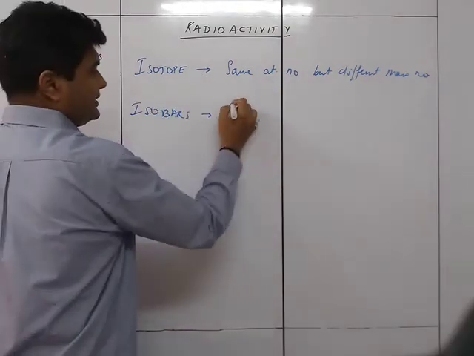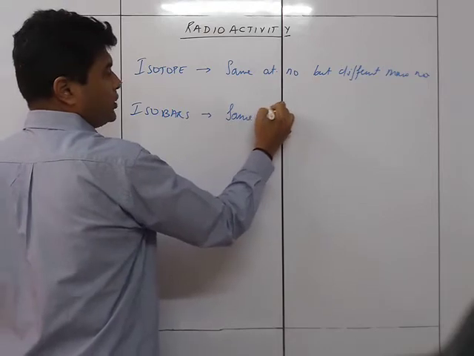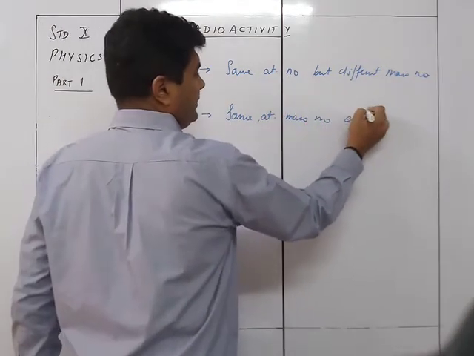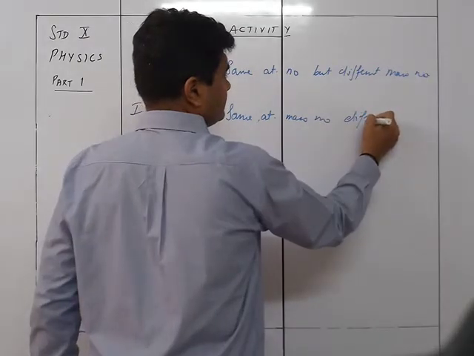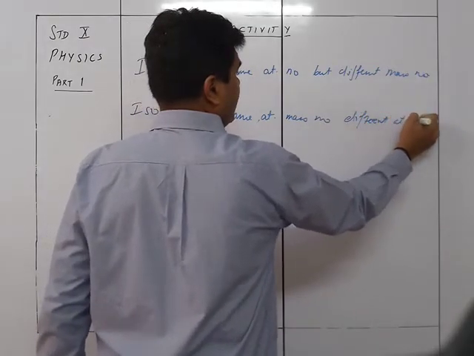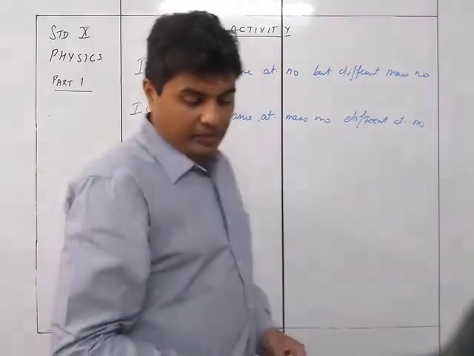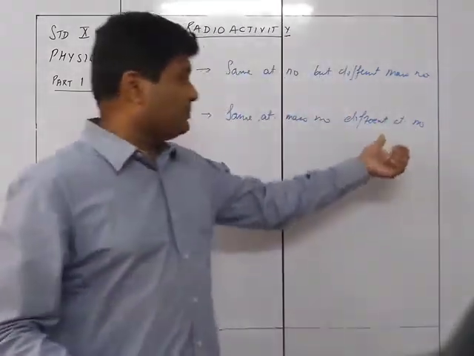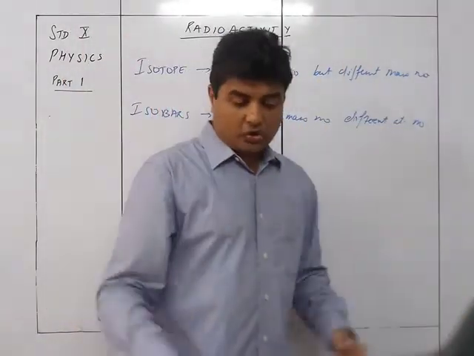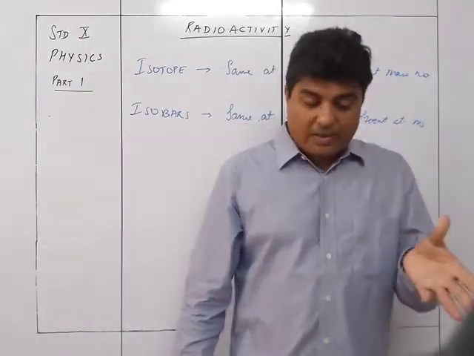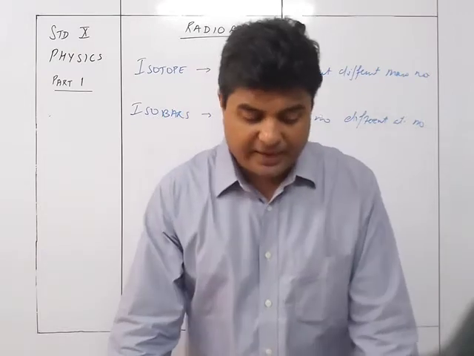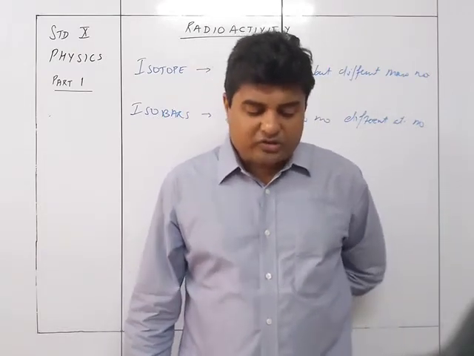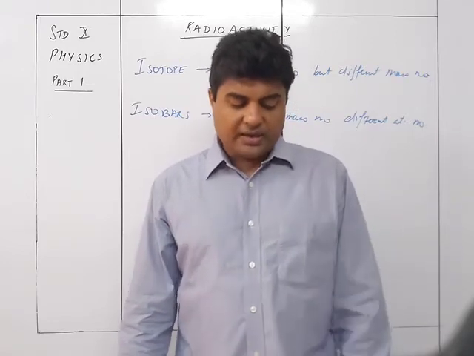There is the same atomic mass number but a different atomic number. Of course, because the atomic numbers are different, they are different elements altogether. So the atoms of different elements which have the same mass number A but different atomic number Z are called isobars. The atoms of isobars have the same number of nucleons in their nucleus.